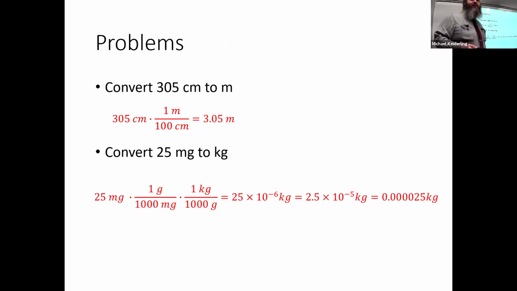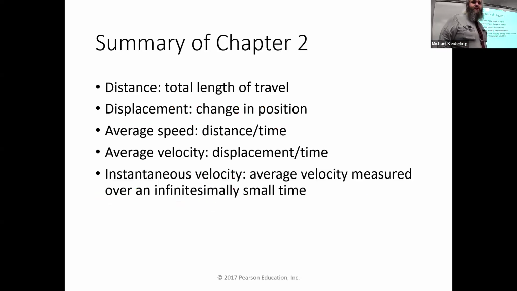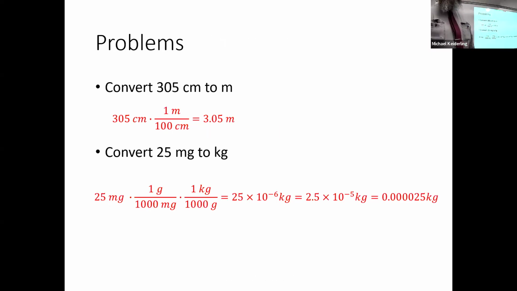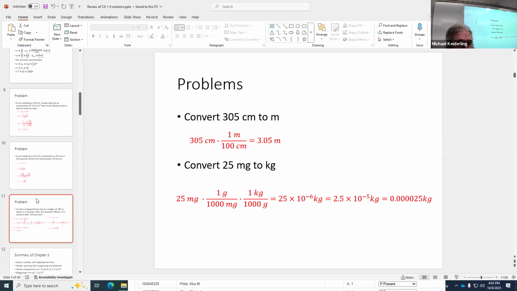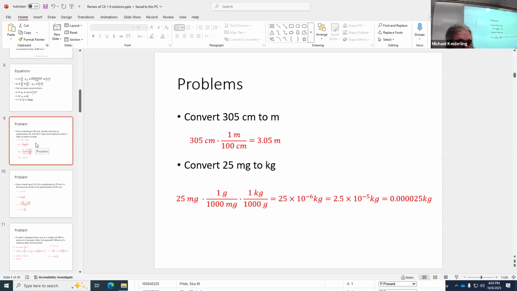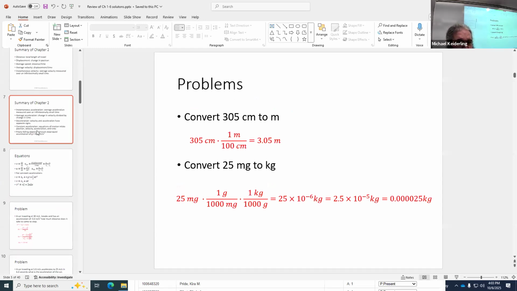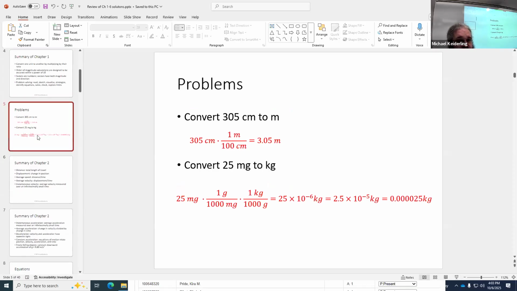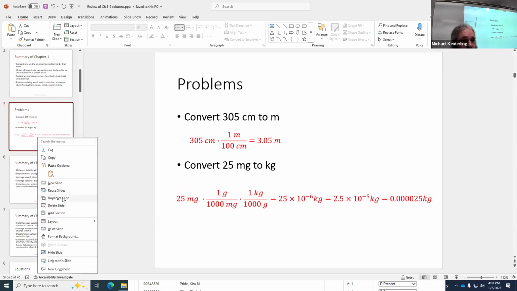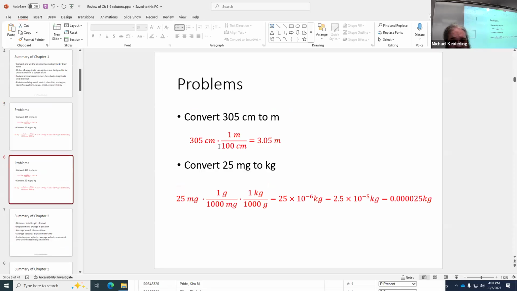So here's some example problems. Did I not do animation? Oh, bugger. I just filled in solutions on these. Oops. I'll do the quick solution then.